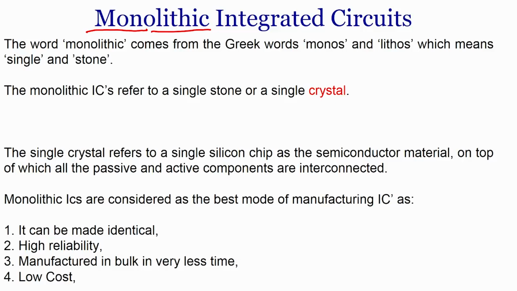The word comes from Greek, from monos and lithos, meaning single and stone. If you carve a single stone into a sculpture, it is monolithic.